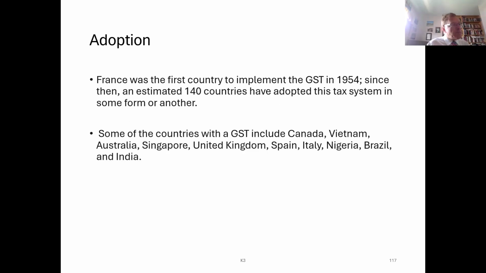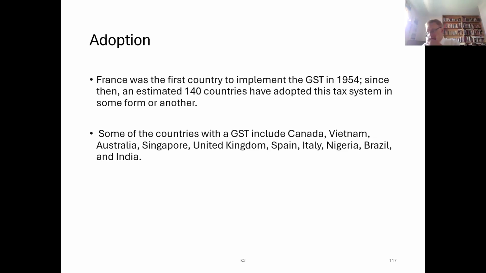In terms of adoption, France was the first country to adopt GST in 1954, so that's before the inception of the European Union. Since then, an estimated 140 countries have adopted this tax system in one form or another. Some of the countries with a GST include Canada, Vietnam, Australia, Singapore, UK, Spain, Nigeria, Brazil, and India.